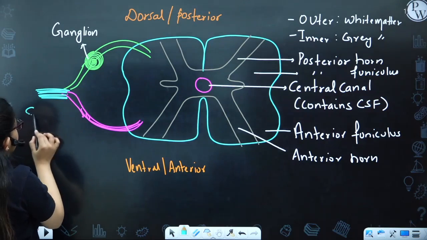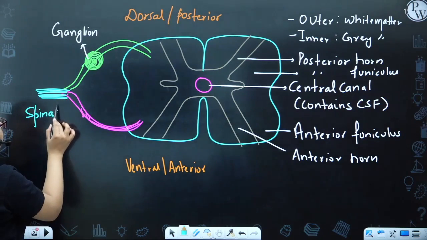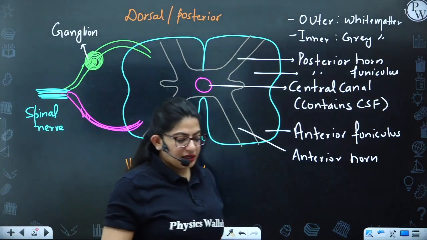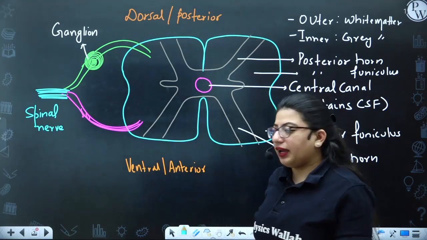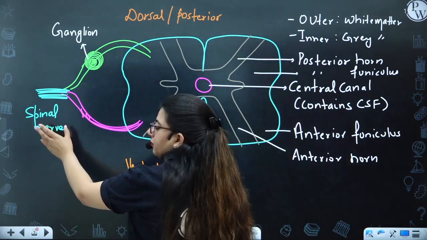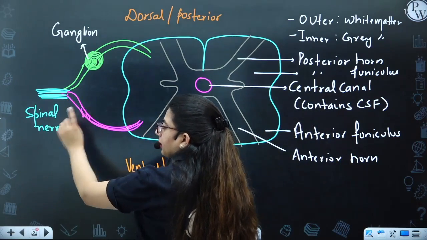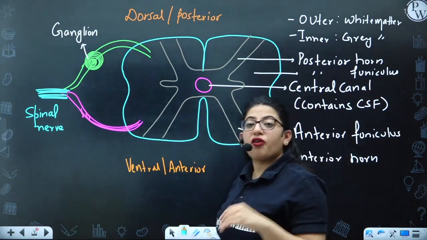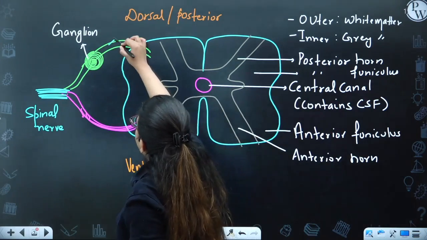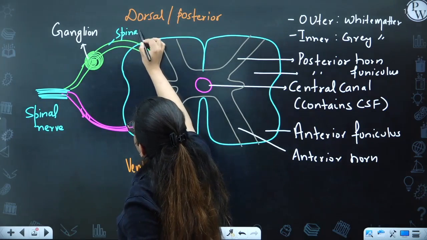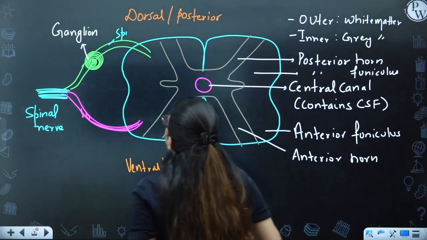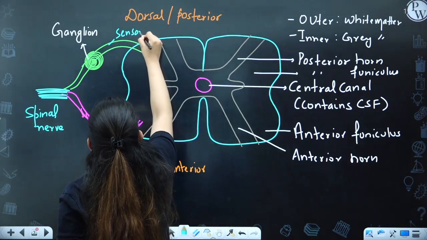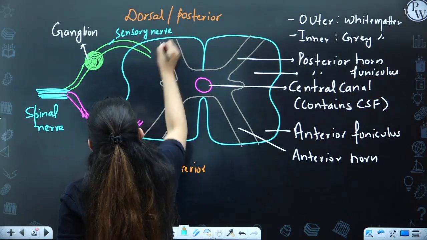Okay. So can I say the spinal nerve contains both sensory and motor neurons? Absolutely correct, because it is formed by the combination of the sensory nerve and the motor nerve.